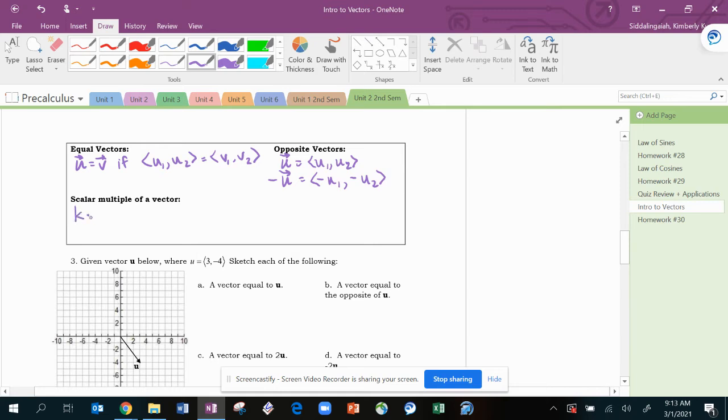So if I have k times a vector u, that's going to be k times u1 and k times u2. So I'm really just multiplying the k to both components. I would say all three of these are much easier than I'm probably making them look, but I'm getting definitions from your book, so I want to be clear about that. You'll be able to tell if two vectors are equal, and scalar multiple isn't as bad as it sounds.